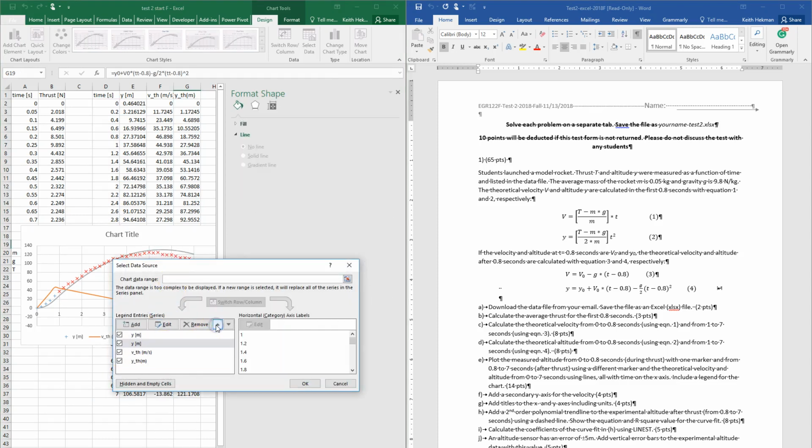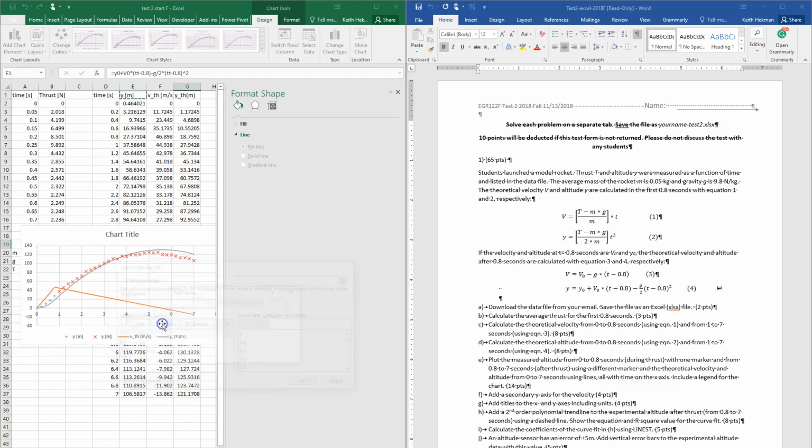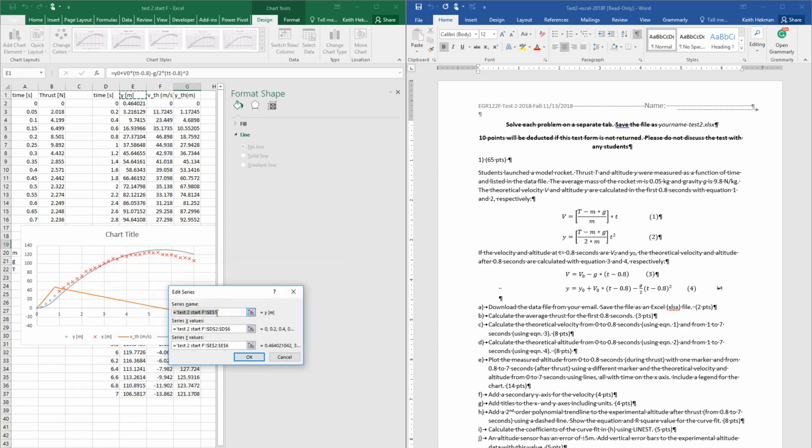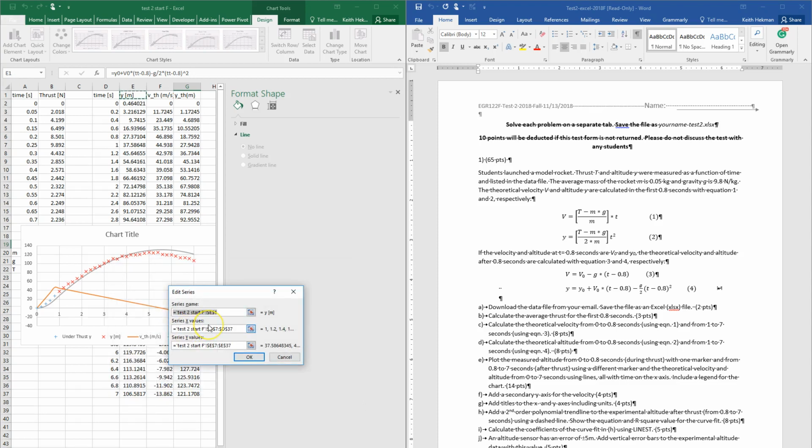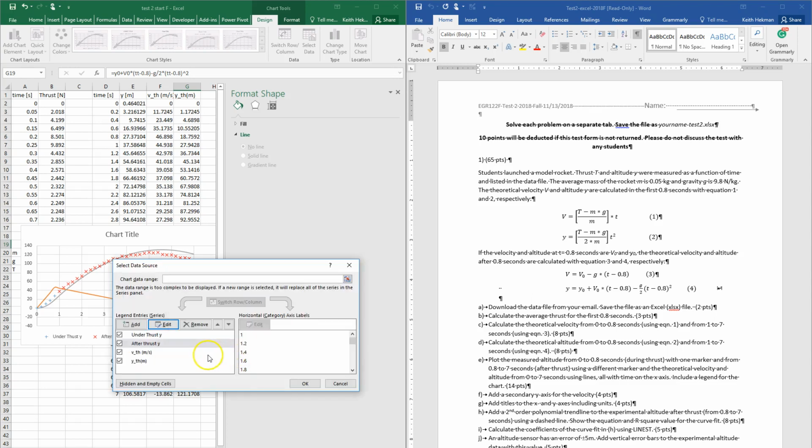We can move this up, and if we edit this, this is under thrust Y, and then this one is after thrust Y. So we have plotted, this is during thrust and after thrust.